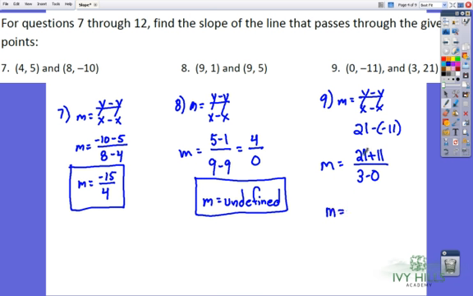The slope for this particular equation would be 21 plus 11, which is 32, all over 3, and that would be the slope for number 9.